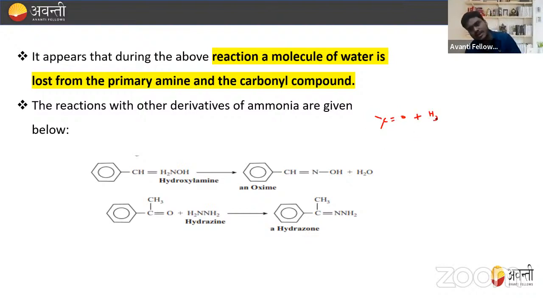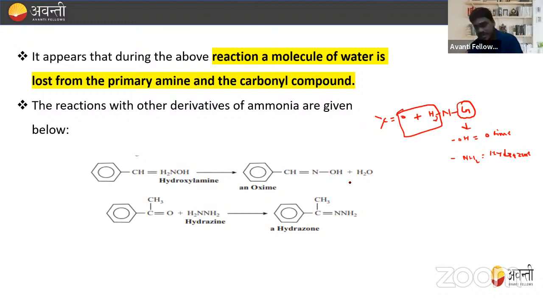We have an H2N, and here we'll use a different group. If you use this group OH, then we'll get oxime. Similarly, if you use this group NH2, then we'll get a hydrazone, right? On a similar basis, in all reactions, elimination of water takes place. So this is an example of an elimination reaction, right?